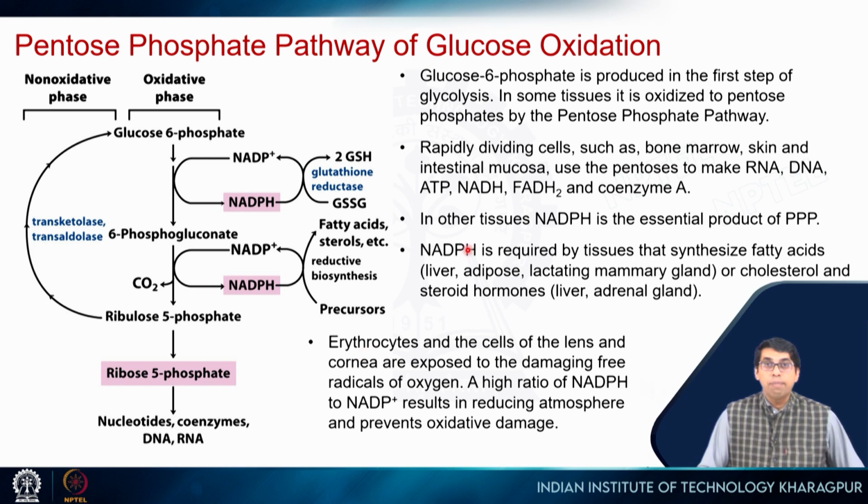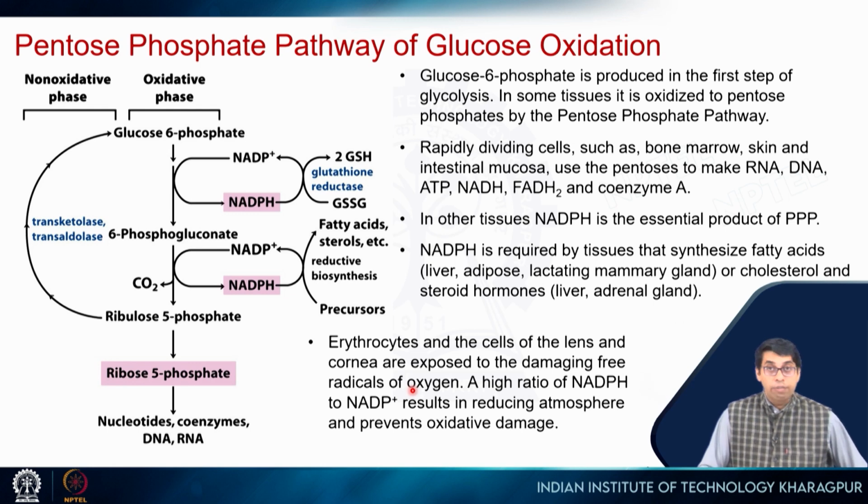Now, NADPH, not only is it important for the synthesis of these molecules, it is also important for the creation of a reducing environment. So, if we think about our red blood cells or erythrocytes or the cells in the lens of our eye, these are in direct contact with oxygen, right. So, in this case, we have this highly reactive molecule oxygen and it can produce further reactive oxygen species like free radicals of oxygen, right.